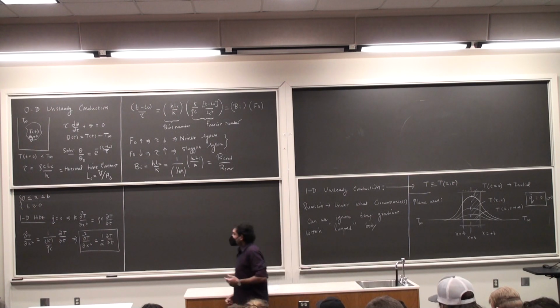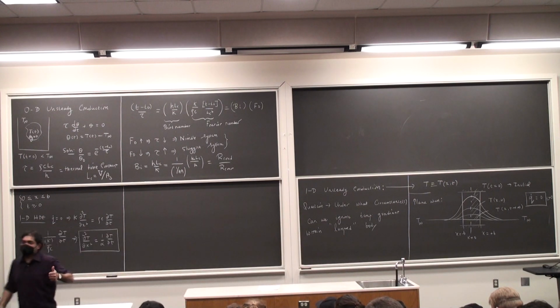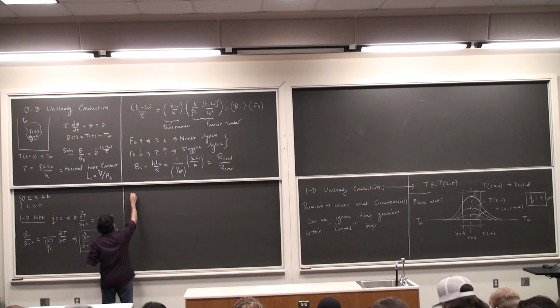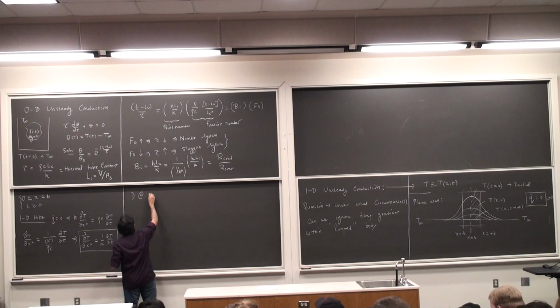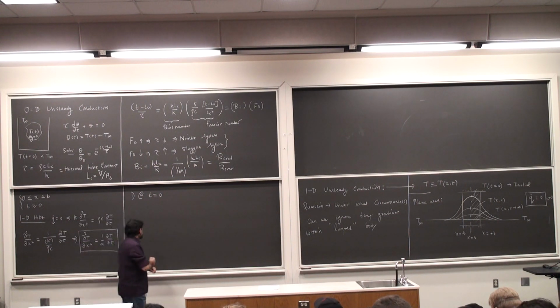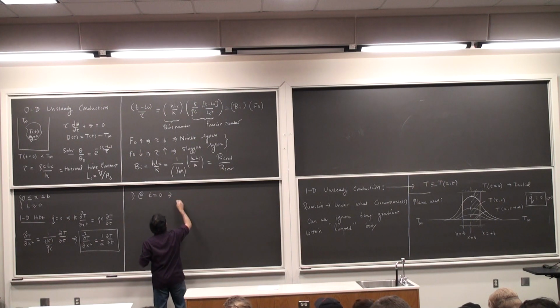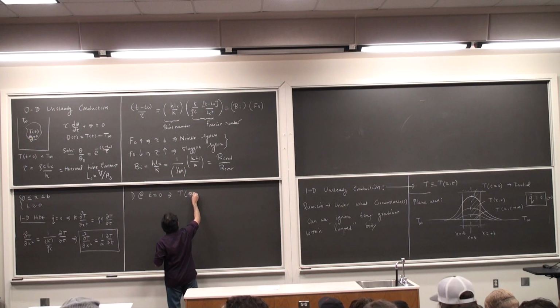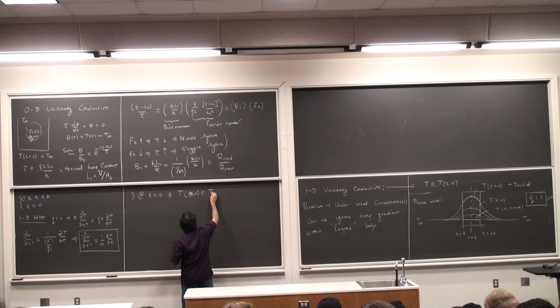Okay? I need to prescribe three things: an initial condition and two boundary conditions. So initial condition at t is equal to 0, let's just make life simple, say t is equal to 0. T of x and 0 is some T naught, okay?